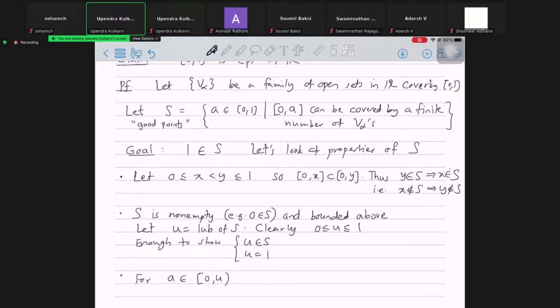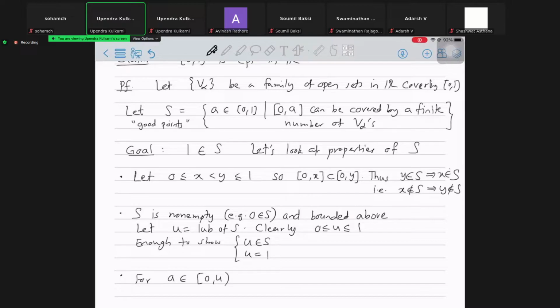So there is some V alpha that contains an interval minus epsilon to epsilon. So in particular, the point epsilon by 2 is good. In fact, any point between 0 and epsilon is good, correct? We are going to need this observation again.